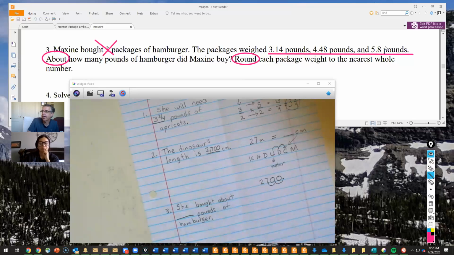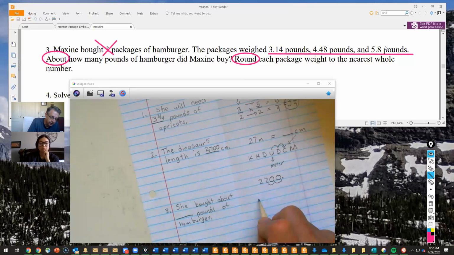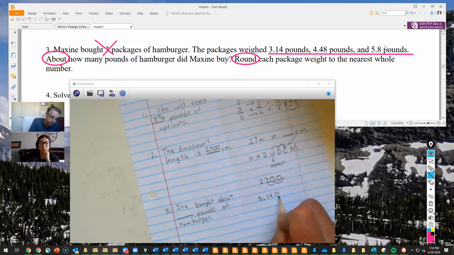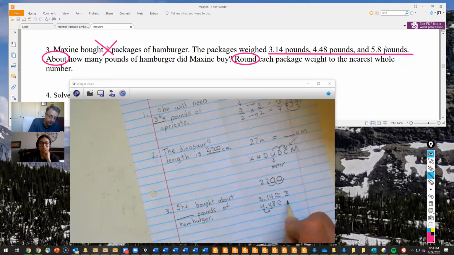Then what I'll do is I'll put in here that 3 14/100 is pretty close to 3. 4 48/100, I'm going to look at the ones place and then look at the tenths. I'm going to leave it alone, so it'll be 4.